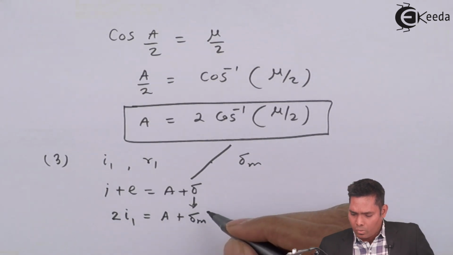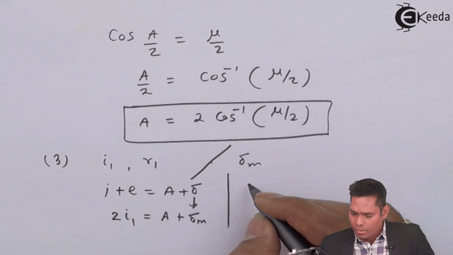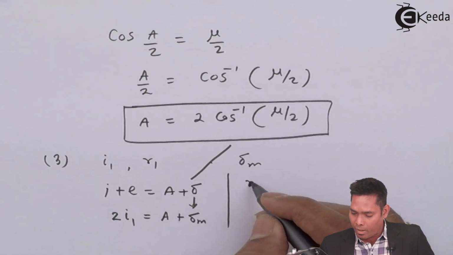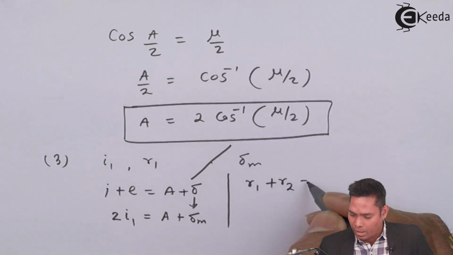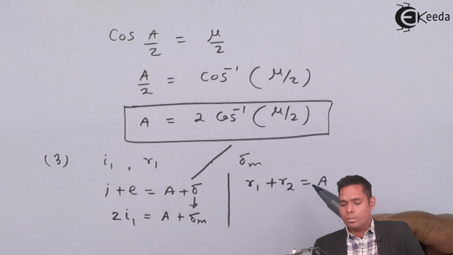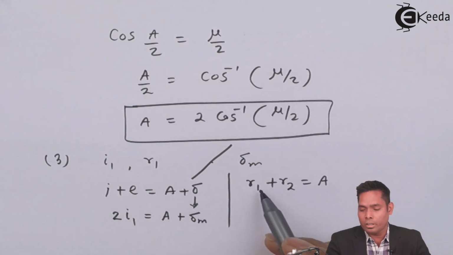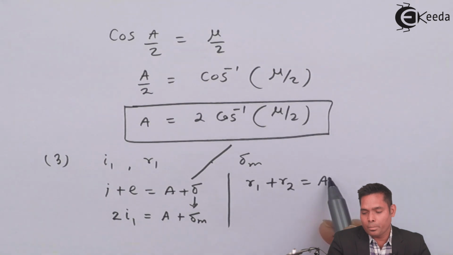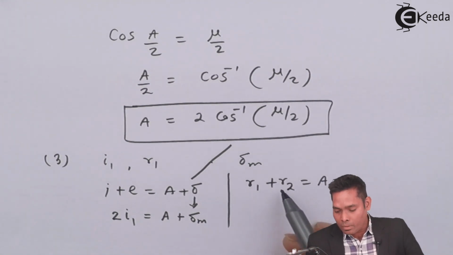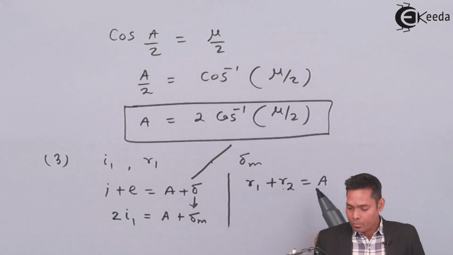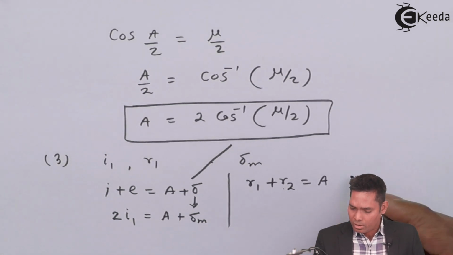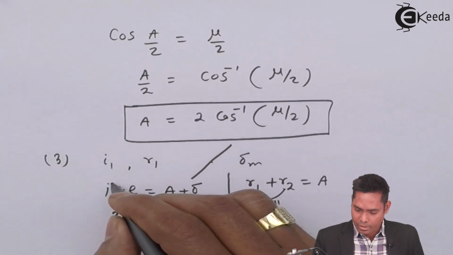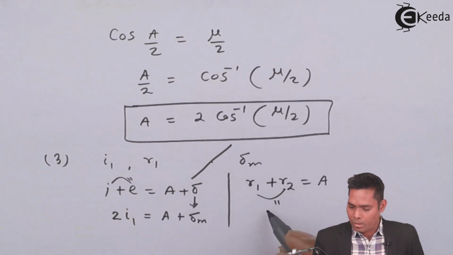But also, at the same time when delta becomes minimum, we have R1 plus R2 is A. This is how these two refracting angles are related to the prism angle A. So R1 plus R2 is A, but at minimum deviation R1 and R2 are equal.